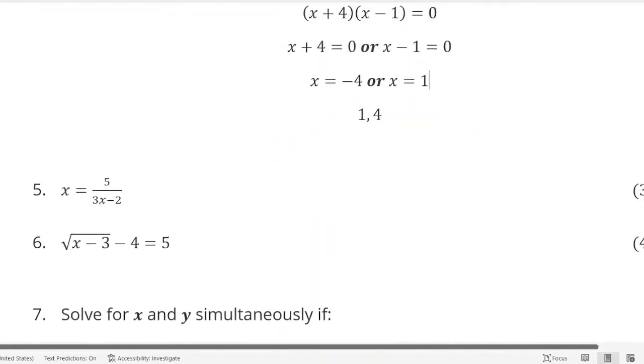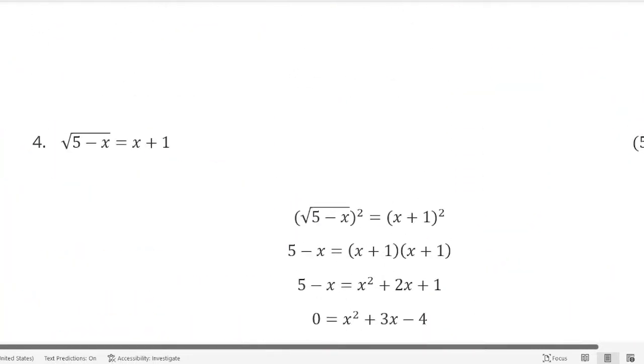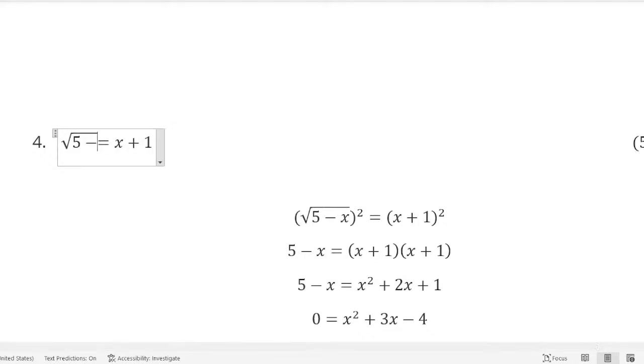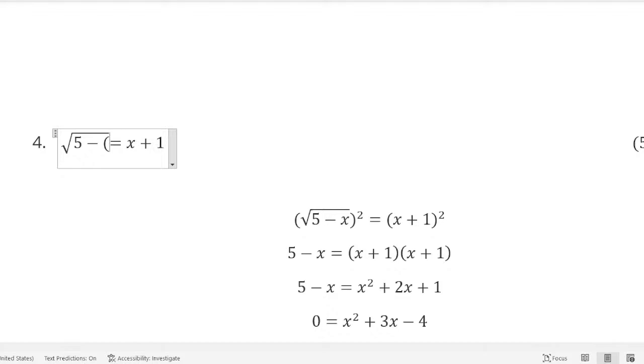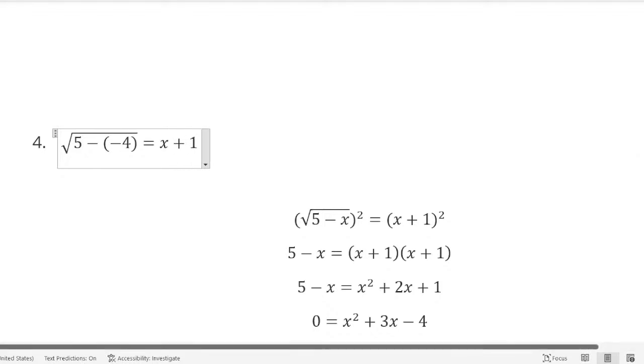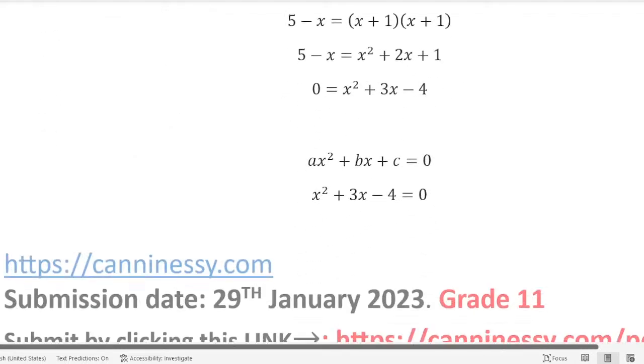So if we check it, we say x is negative 4. So let's check. If x is negative 4 here, so we have a negative 4, right? Then this is going to be positive 9. So the square root of 9 is equal to... so x can never be negative 4. Why?